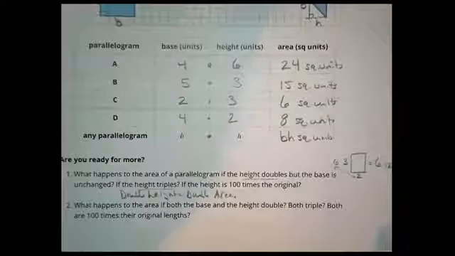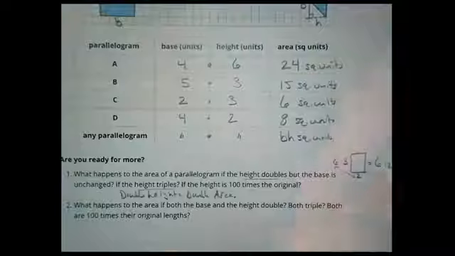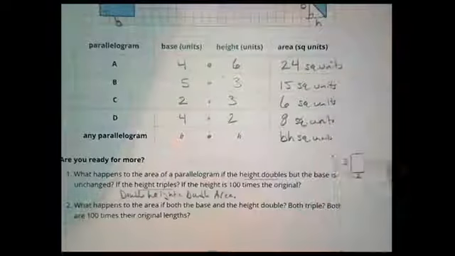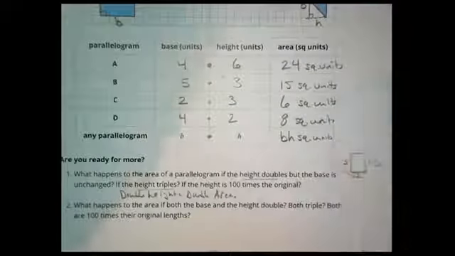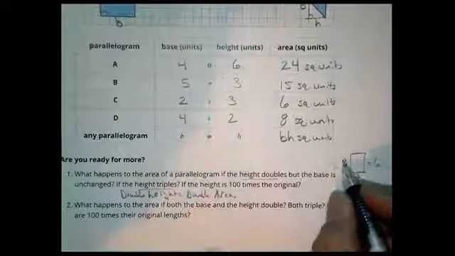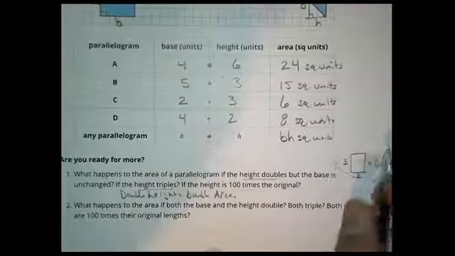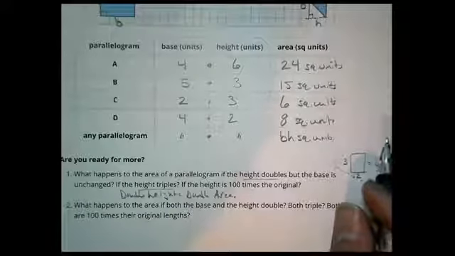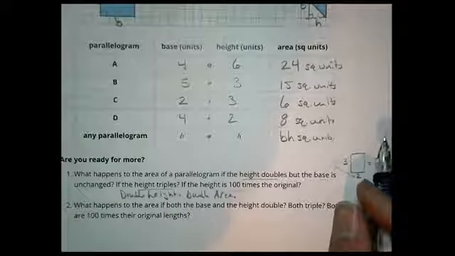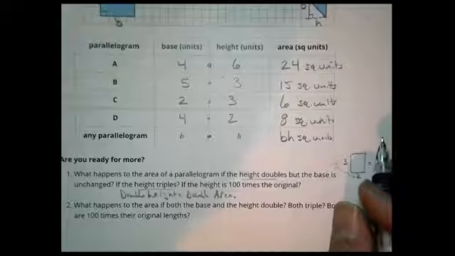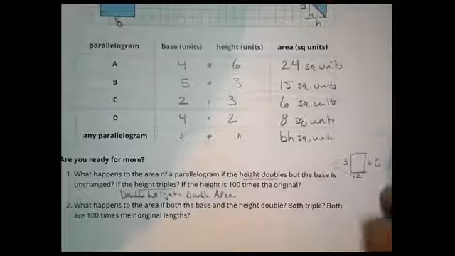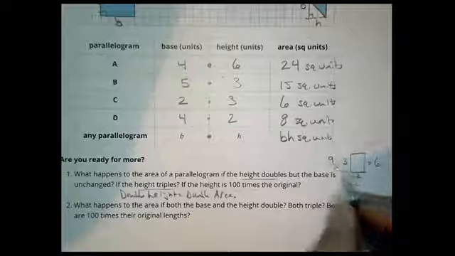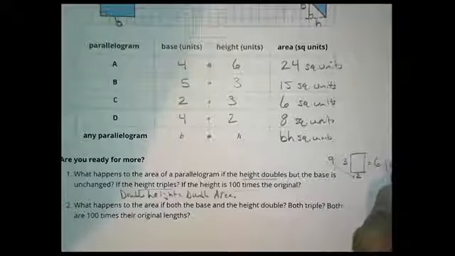What if you triple the height? Well, let's take a look. I'll erase my 6 real quick and erase my 12. Let's triple it. So what's 3 times 3? Any idea? The height triples. 3 times 3 is 9, and 9 times 2 is 18.